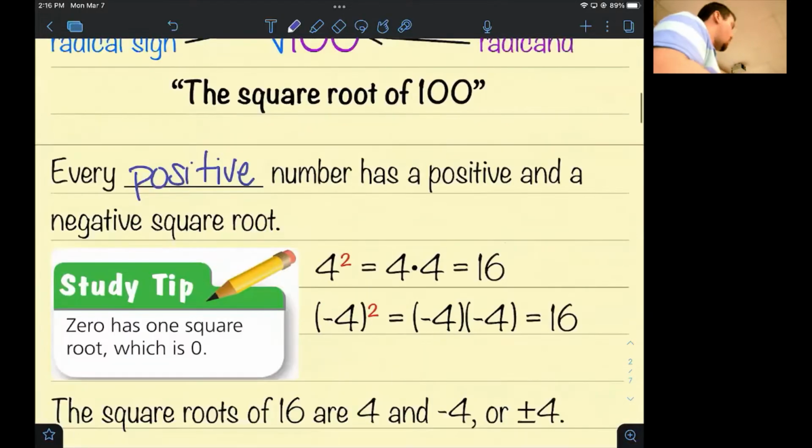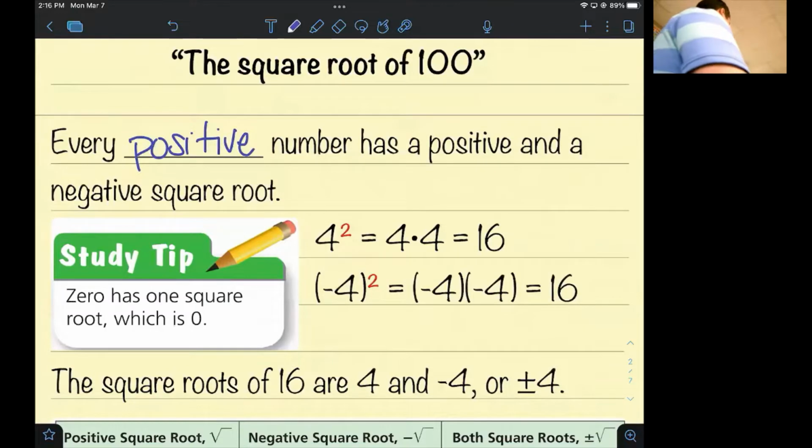That's because when I square a number, it's always going to give me a positive answer, whether the number I'm squaring is positive 4, which gives me 16, or even if I'm squaring negative 4, I still get 16, because a negative times a negative is still a positive. So if I ask you for the square root of 16, I actually have 2 answers. You could say it's 4, or you could also say it's negative 4.